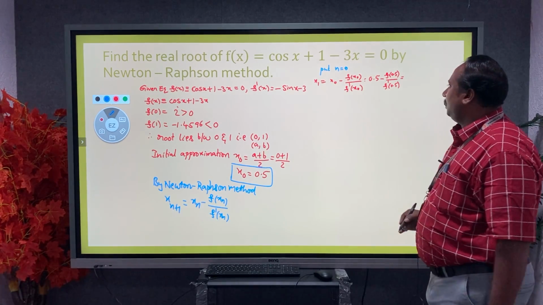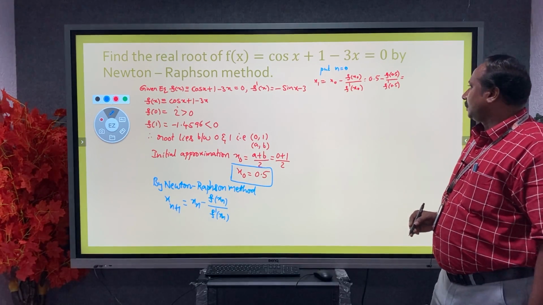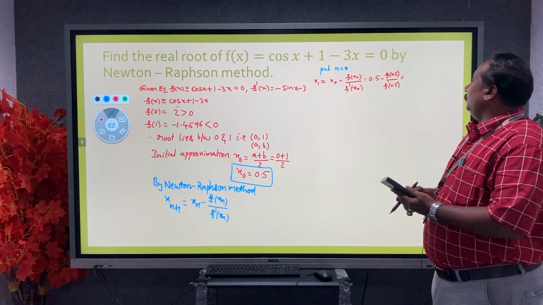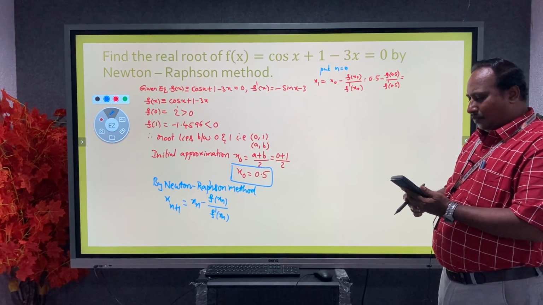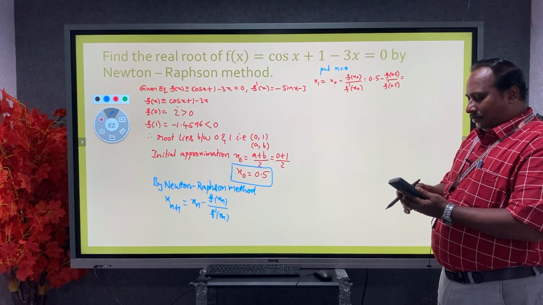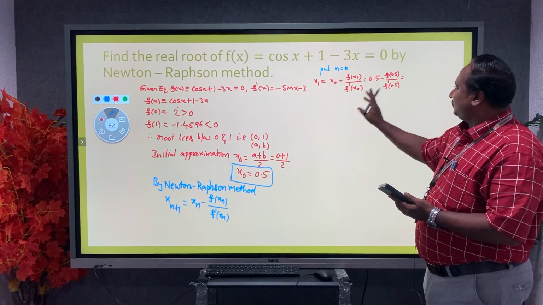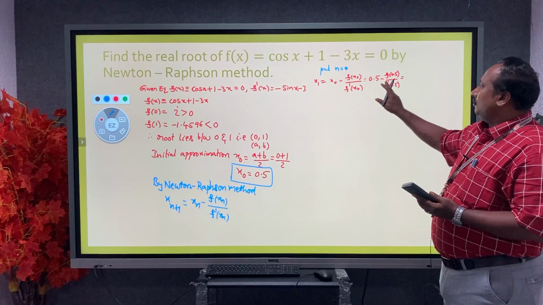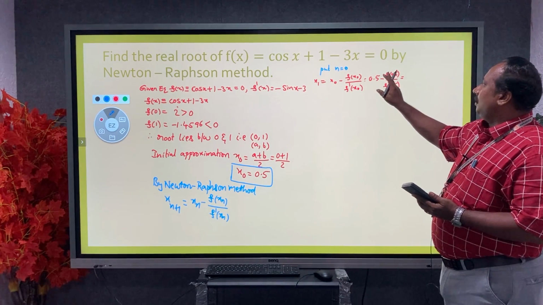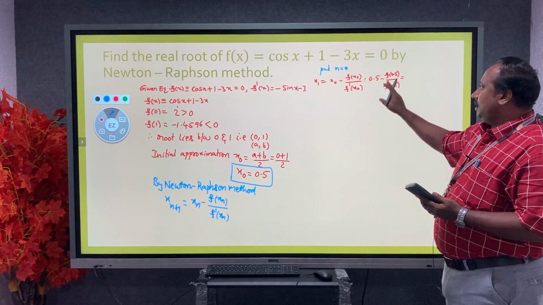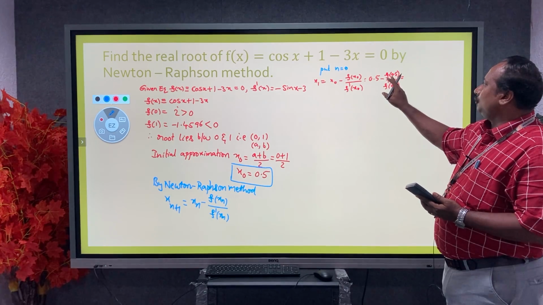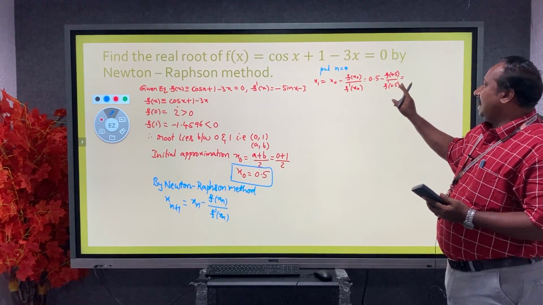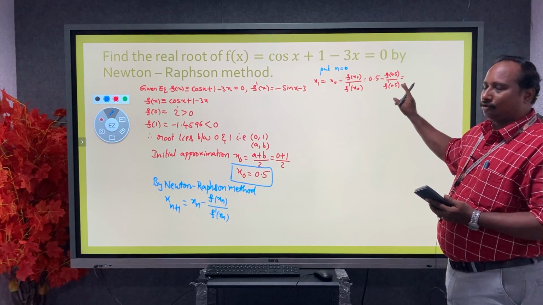Now calculate the value in the calculator. If you want to calculate the x1 value, first put 0.5 minus. Take brackets for numerator and denominator: bracket open, f of 0.5, bracket close, divided by bracket open, f dash of 0.5, bracket close.